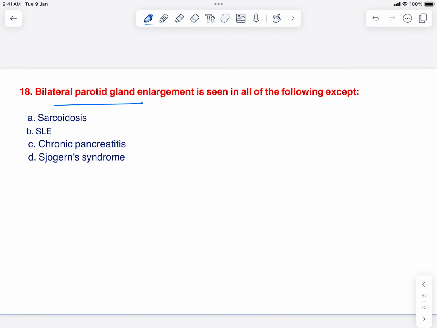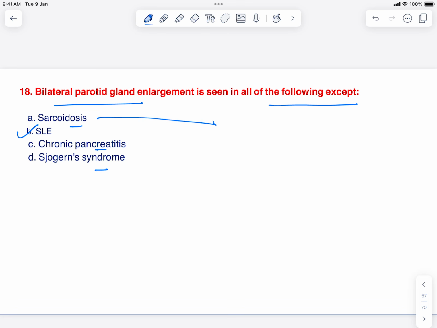Bilateral parotid gland enlargement is seen in all of the following conditions except sarcoidosis, SLE, chronic pancreatitis, Sjögren's syndrome. So in SLE, you don't have the parotid gland enlargement, whereas in sarcoidosis, chronic pancreatitis, as well as Sjögren's, you have bilateral parotid enlargement.